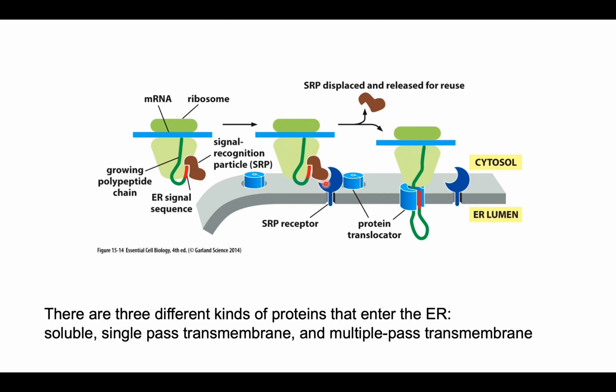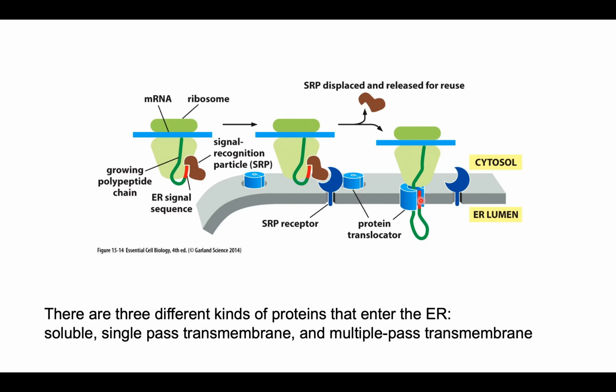Once these are associated, a protein translocator, so this protein that spans the membrane, is going to recognize this ER signal sequence right here. The SRP is dissociated. The sequence is able to bind to the inside of this translocator, and we're able to bring this newly forming protein into the ER lumen.